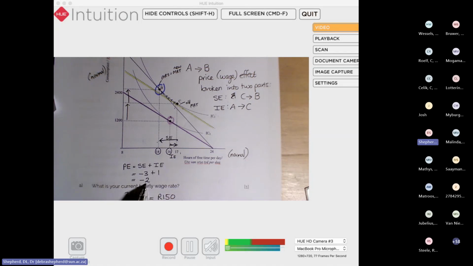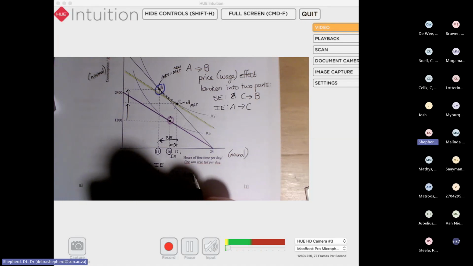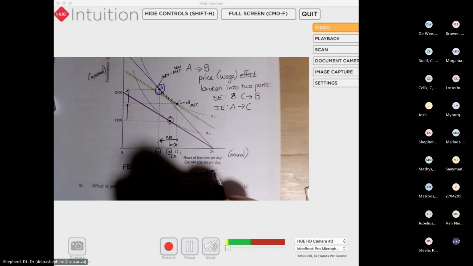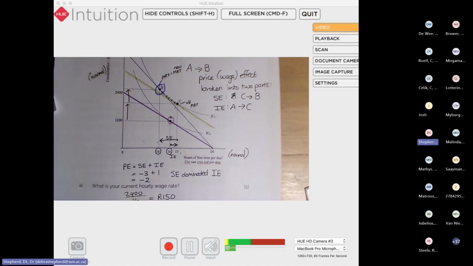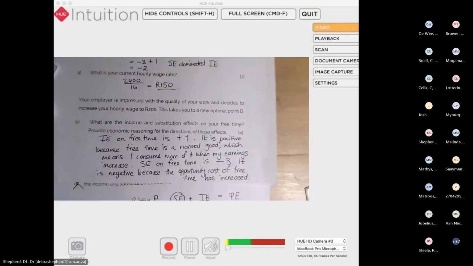If my overall effect is -2, my substitution effect was negative and my income effect was positive, it must mean that my substitution effect dominated the income effect because the overall effect is negative. Does that make sense, Ms. Matiba? And then I'm just going to show the answer to part B again.